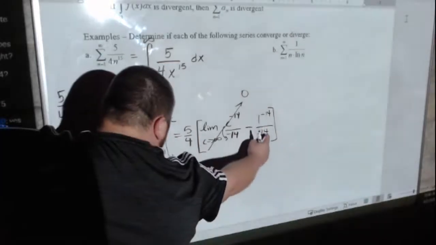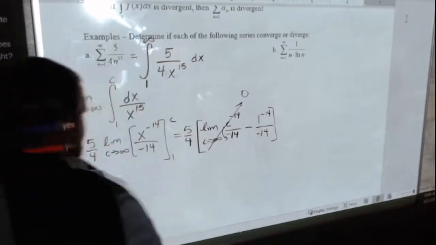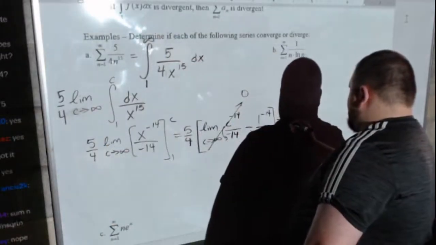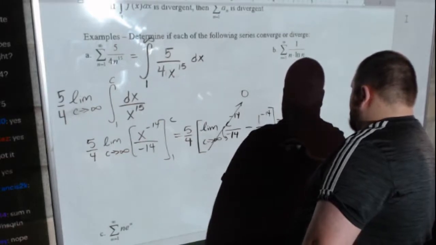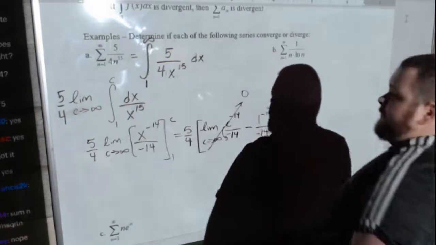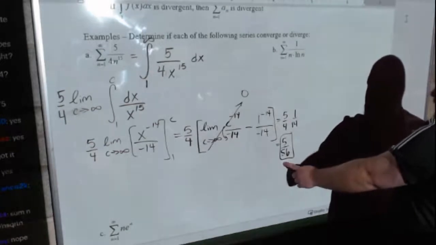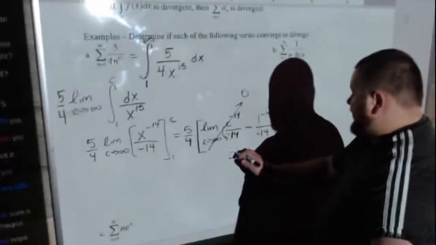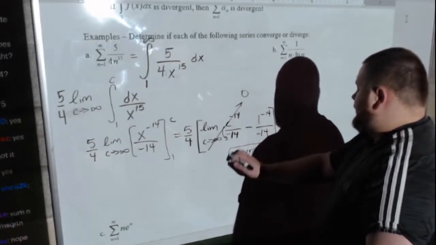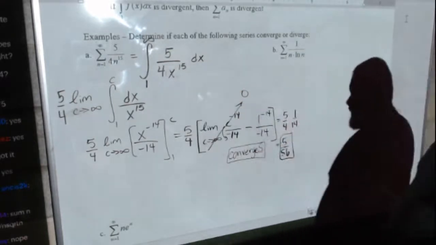I've got 1 over negative 14, but that minus there makes it plus. So I end up with 5/4 times 1 over 14, or 5 over 56. So my integral returns some number. So the integral converges, and if it converges, so does the sum. So convergent integral, convergent sum.